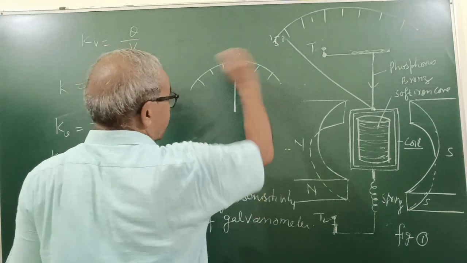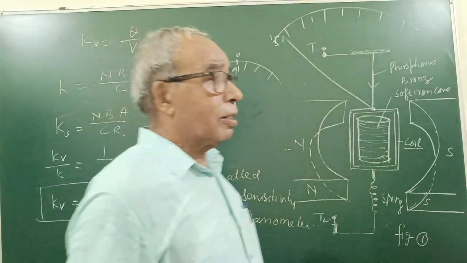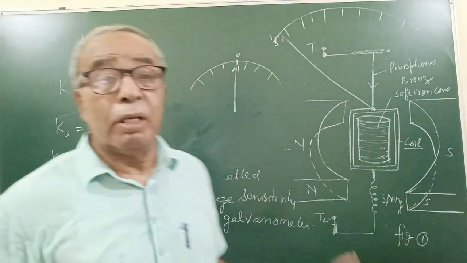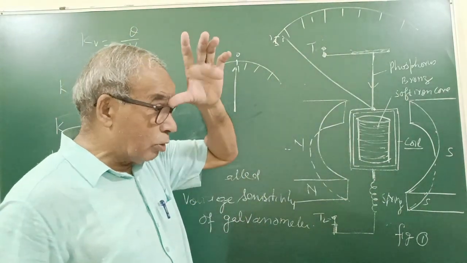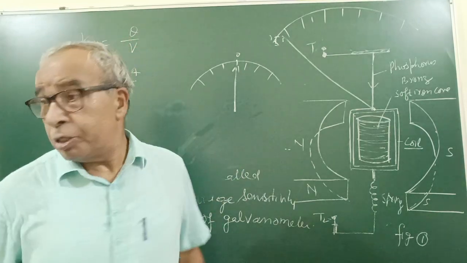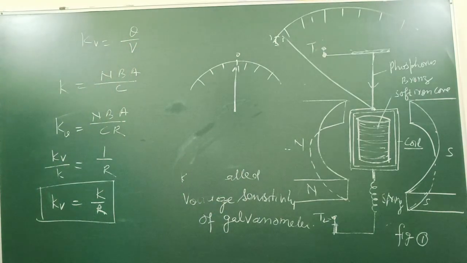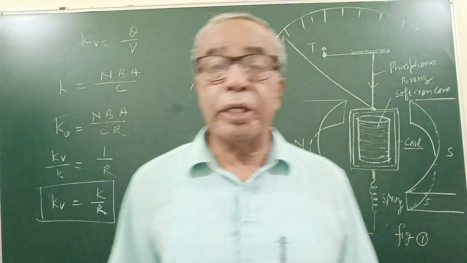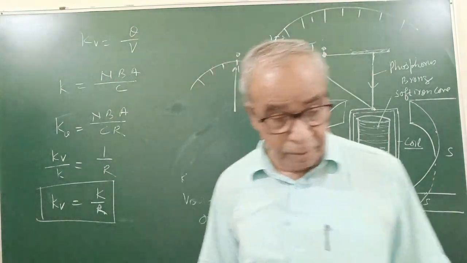The pointer gives deflection, and that deflection tells that current is going in which direction also. So this galvanometer can be used to detect the presence of current. It is used to measure the current as well as potential difference.